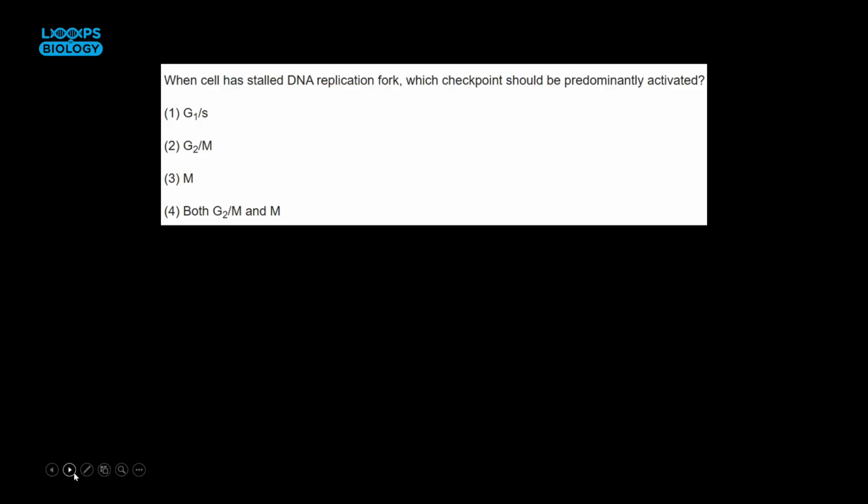Next, when the cell has a stalled DNA replication fork, that means the replication has been started slightly before. Alright, so the DNA replication fork is basically formed. Which checkpoint should be predominantly activated?